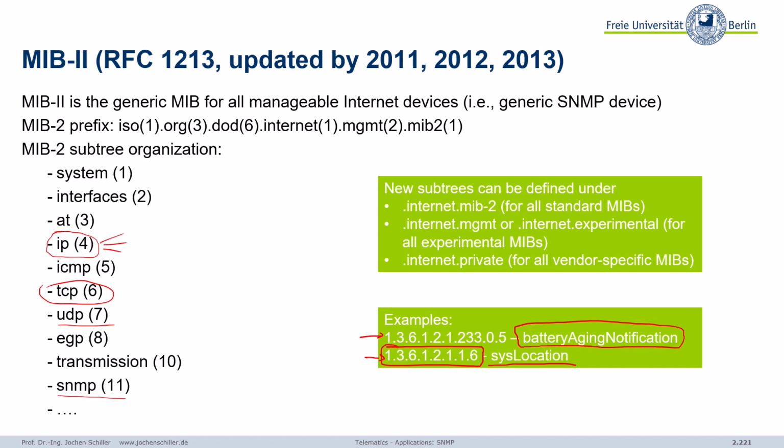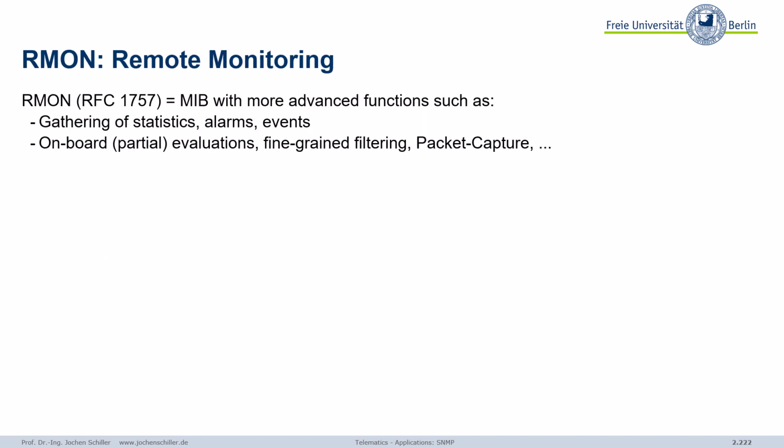And one was the idea of, why can't we already collect certain information, data, statistics on the device and do some, let's say, averaging, for example, partial evaluation. And this is exactly where I have remote monitoring, RMON. RMON is basically a management information base with some more advanced functions.